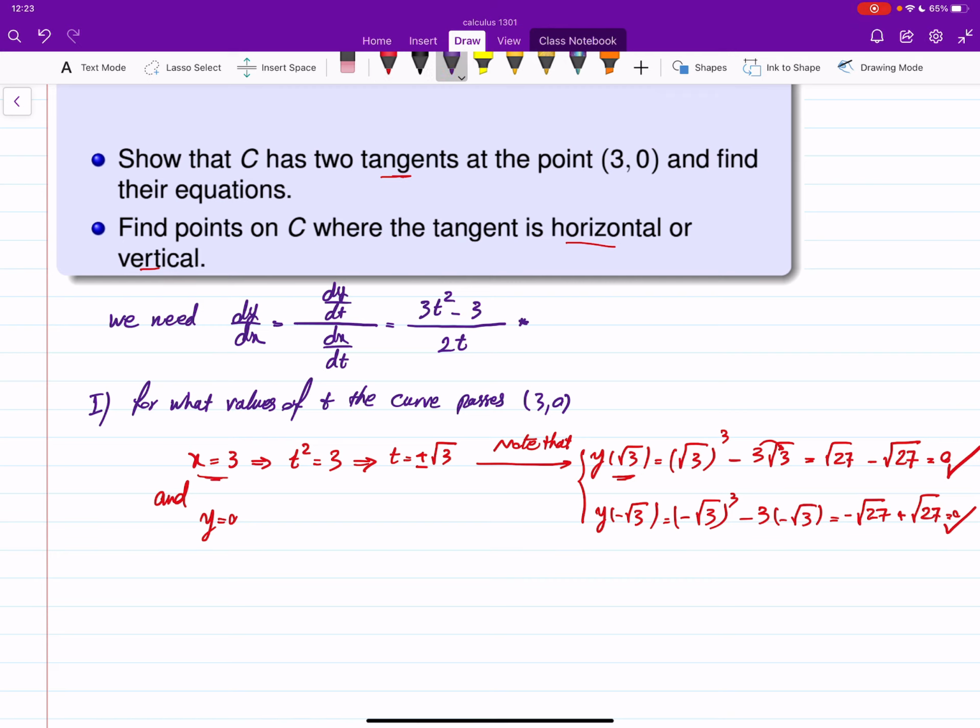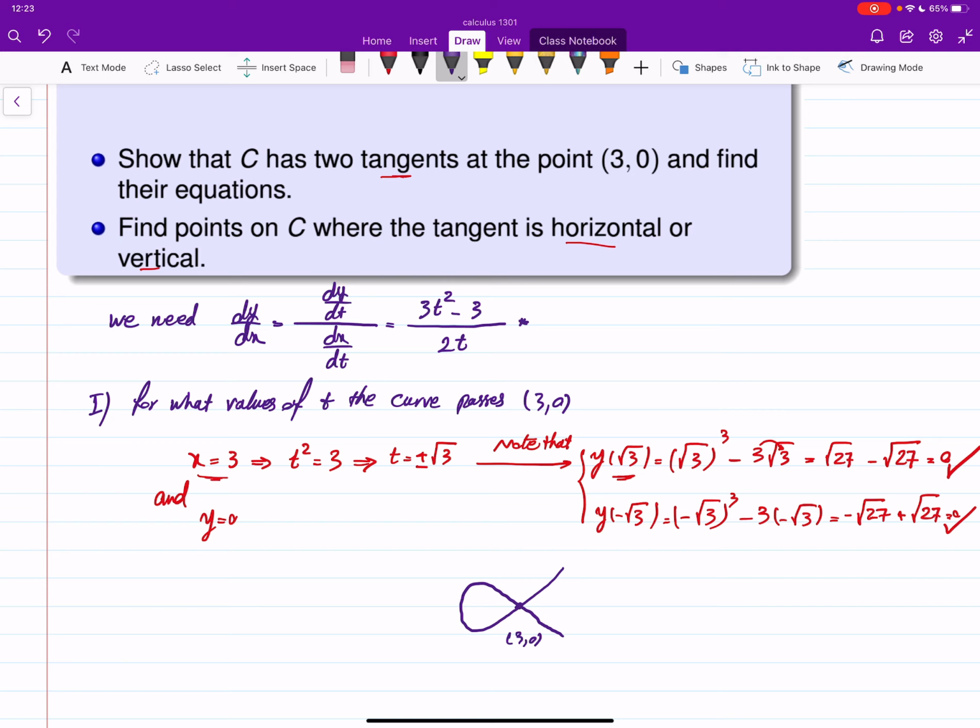What does this mean? This means that whatever the curve is, I don't know exactly what the graph looks like, but when you sketch it, you'll notice that at this point, (3, 0), the graph will probably look something like this.